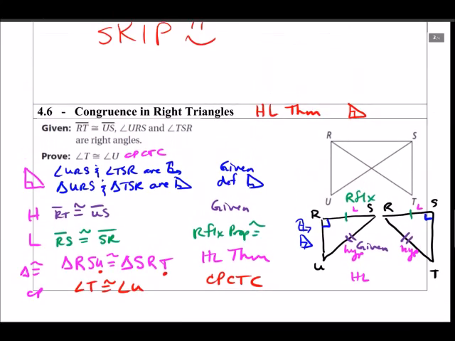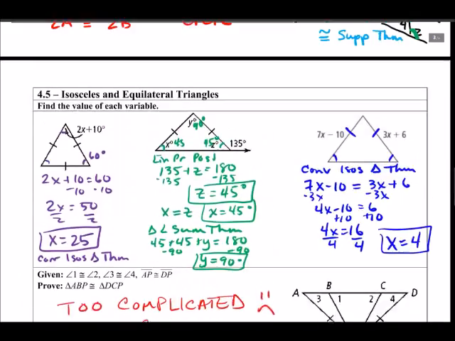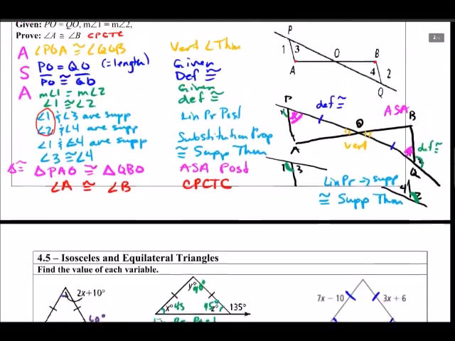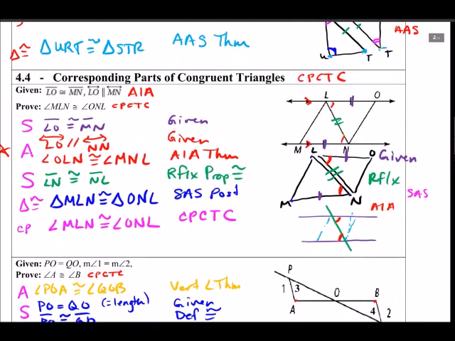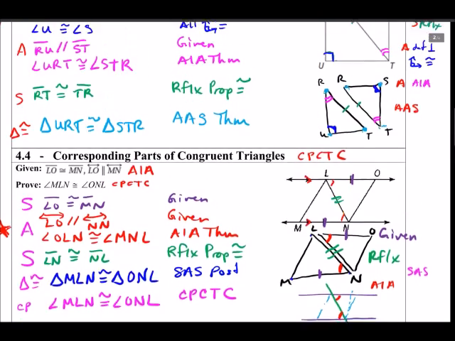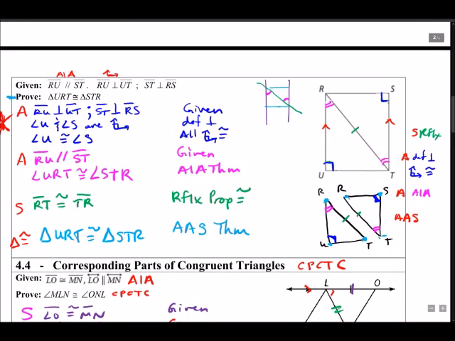And back up here at this one, parallel lines makes you look for alternate interior angles. And back in 4.3, know how to do your perpendicular to right angle to all right angles are congruent.